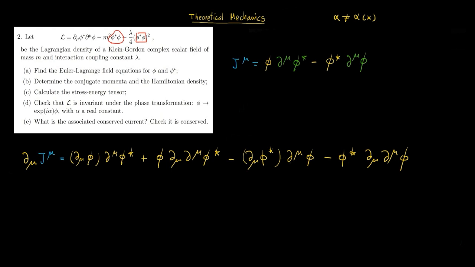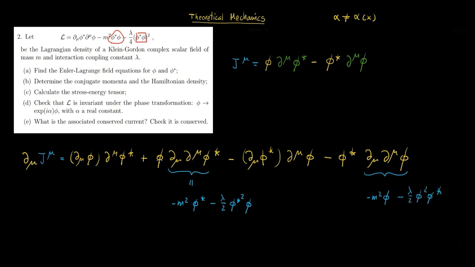If you remember, the equations of motion tell us that this is the same as minus m squared phi star minus lambda over 2 phi star squared phi. And the equation of motion for this field tells us minus m squared phi minus lambda over 2 phi squared phi star.